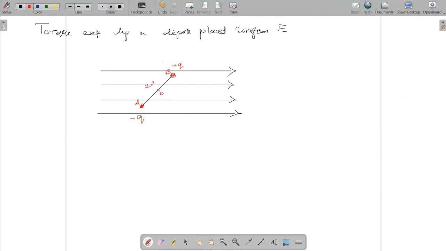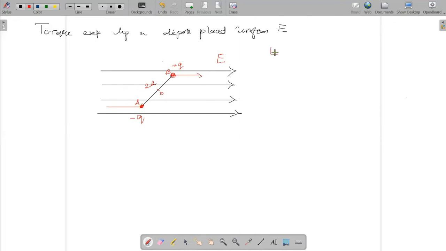We know about this. Each charge, when it is placed in the uniform electric field E, along the direction of the electric field, there is a force. Opposite to that, there is a force. We should know about the formula.